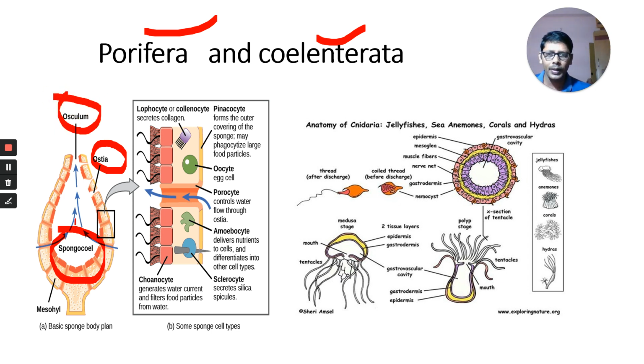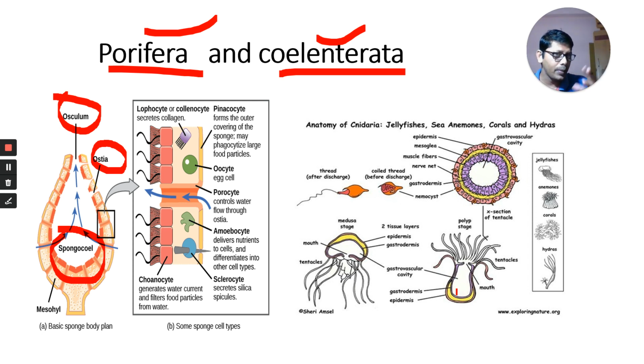This is the water transport system or water canal system evolved in poriferans, which helps in nutrition, in excretion, and also in exchange of gases. That's about the poriferans. Now come to the coelenterata. In coelenterates, there are two body forms, polyp and medusoid. You know polypoid form, example Hydra, Adamsia.